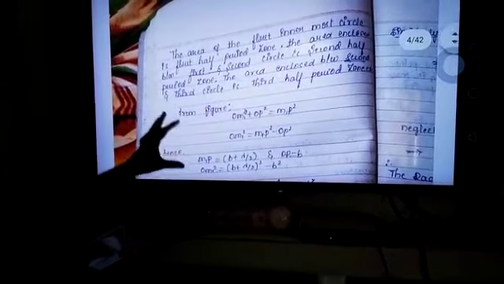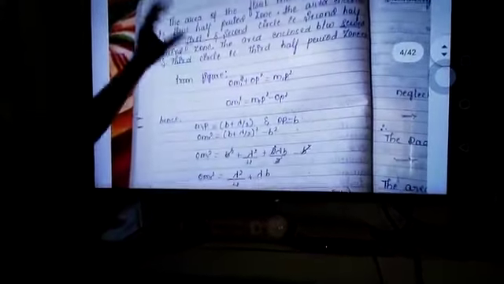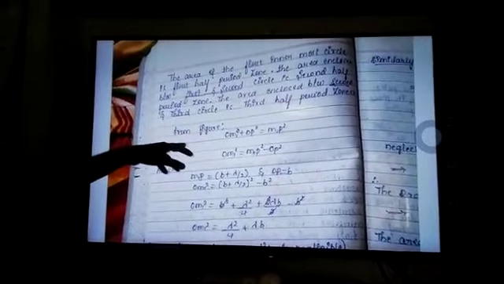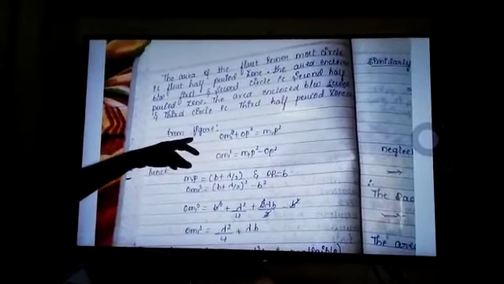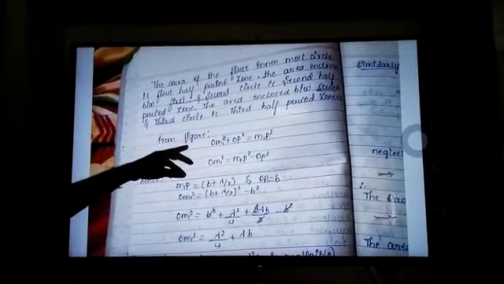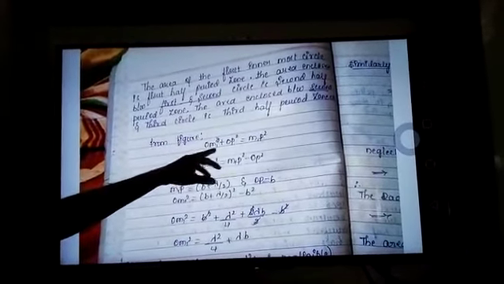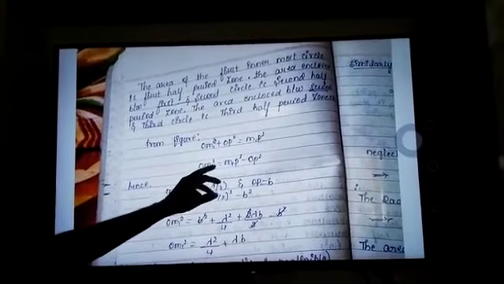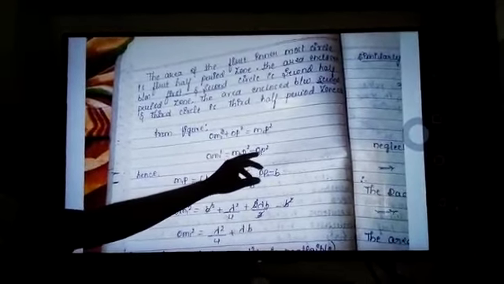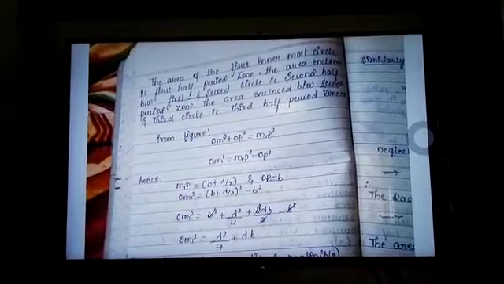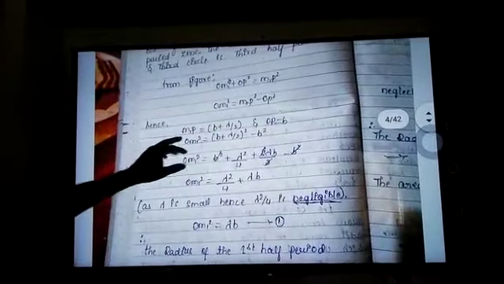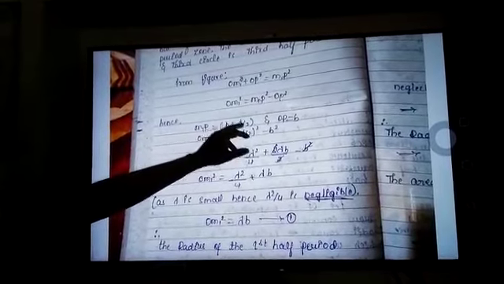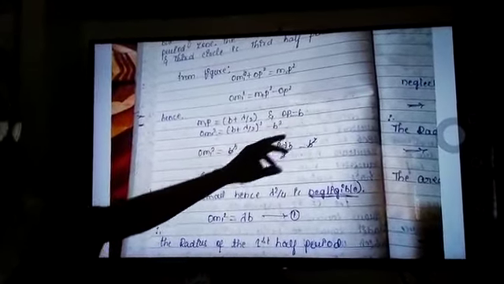Now let us find the area of each zone. Consider the first triangle: OM1 square plus OP square is equal to M1P square, so OM1 square is equal to M1P square minus OP square. Now M1P is equal to b plus lambda by 2 and OP is equal to b.